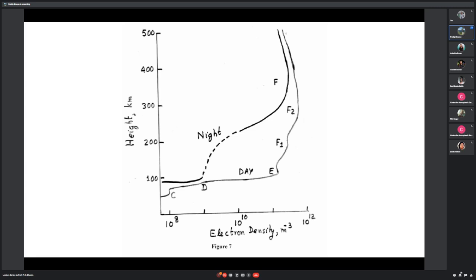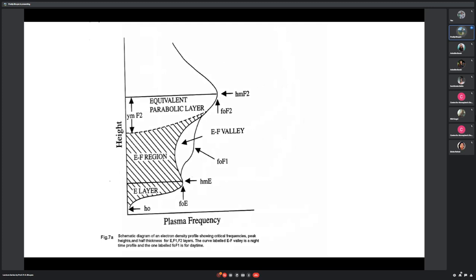So there must be some reason for that F1 to disappear. While discussing the different layers, we'll come to that, why F1 disappears at night and why D is not detectable using an ionosonde.